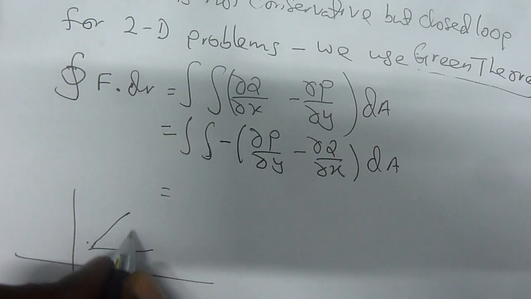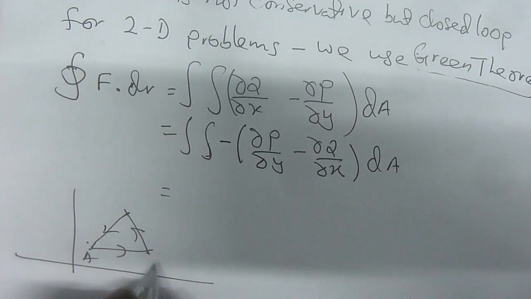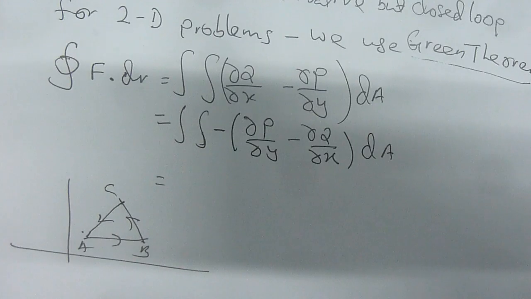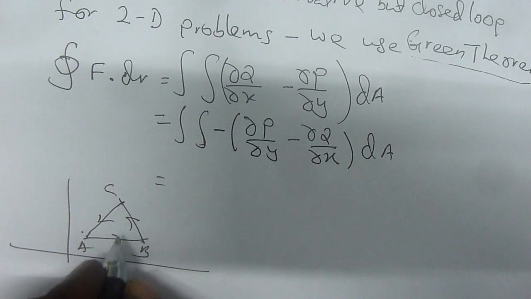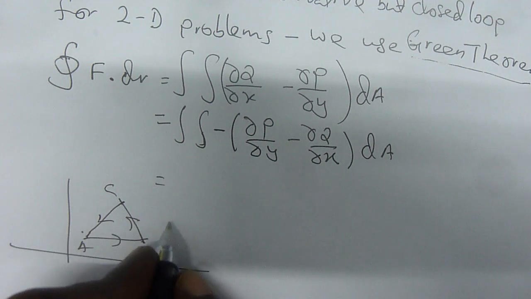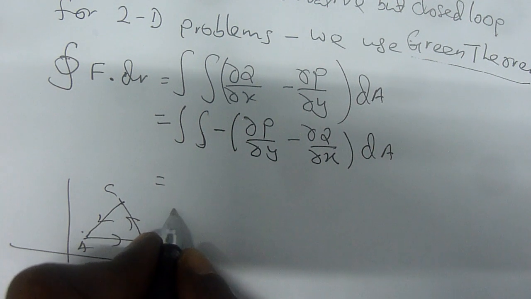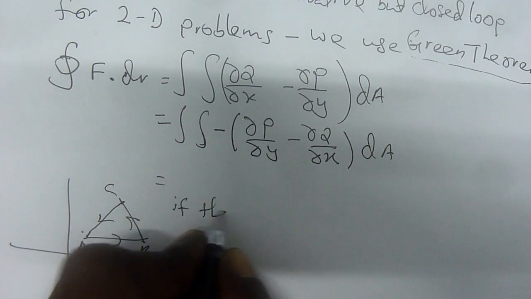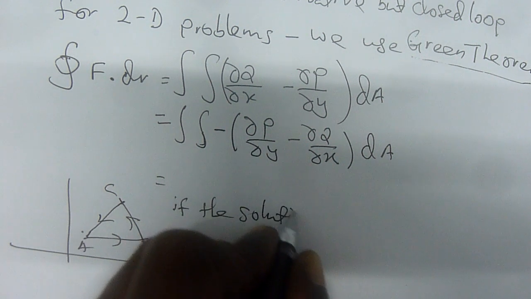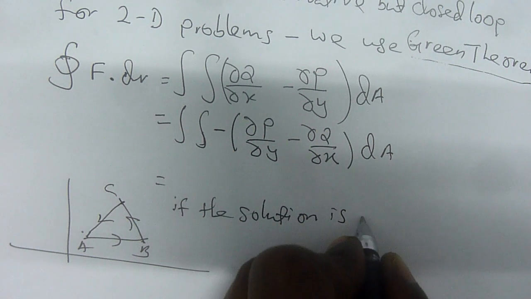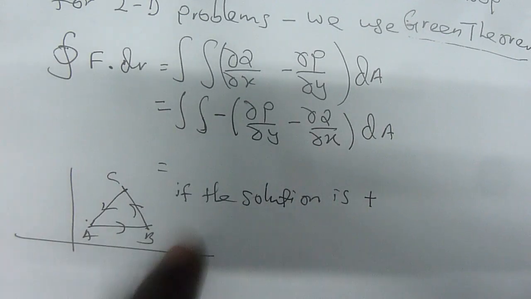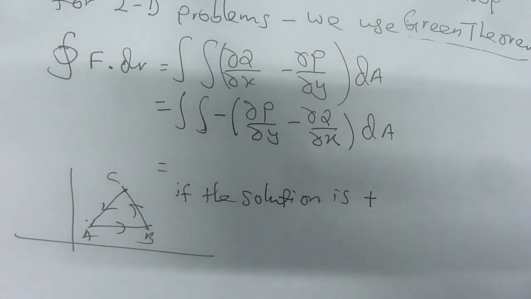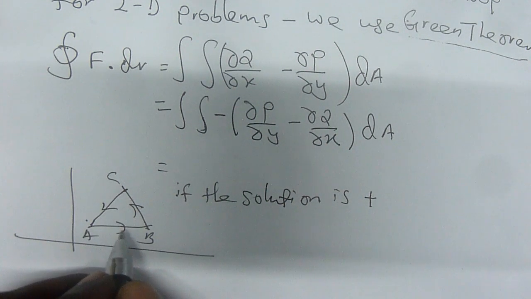Let's say imagine 1, 2, 3, A to B to C. If you get a solution that is positive, this direction is correct.